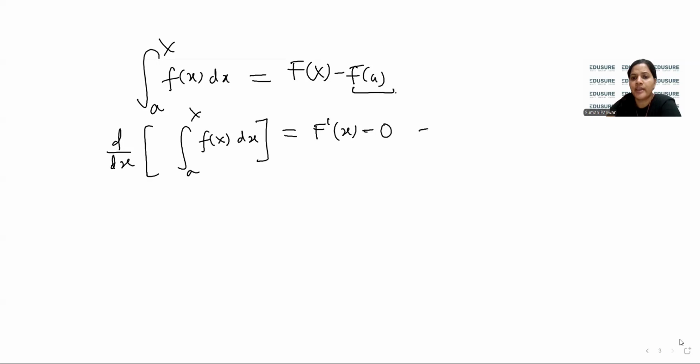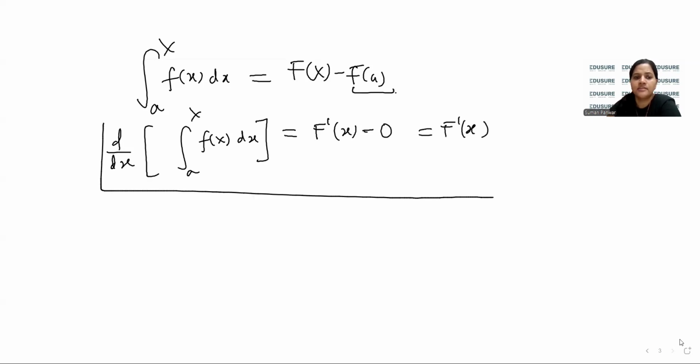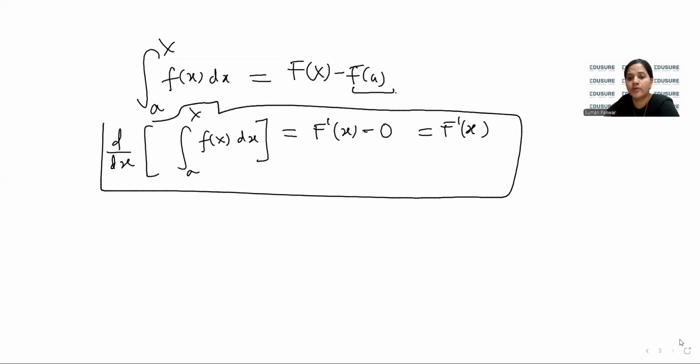So that is going to be f(x). This is a very important result. This is the fundamental theorem of calculus part 2. The first fundamental theorem of calculus is this. Also, if you change these limits, you can see that the lower limit is a constant over here.